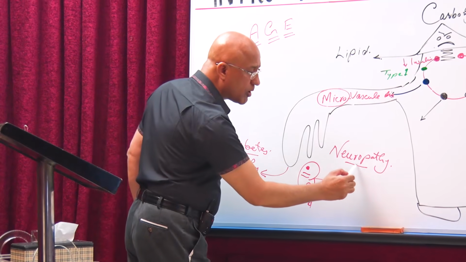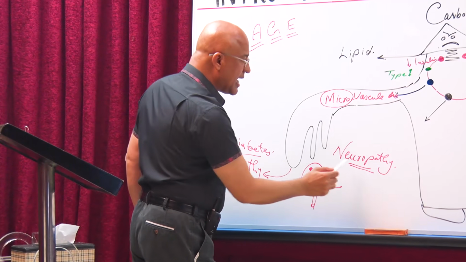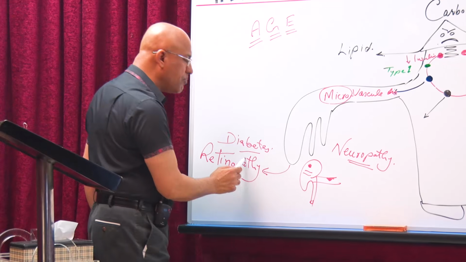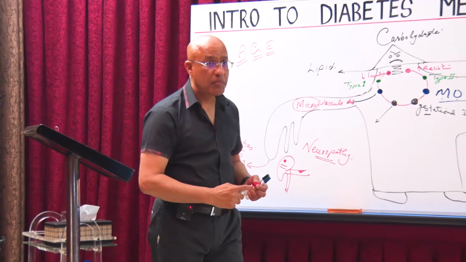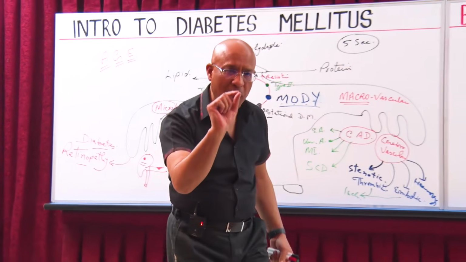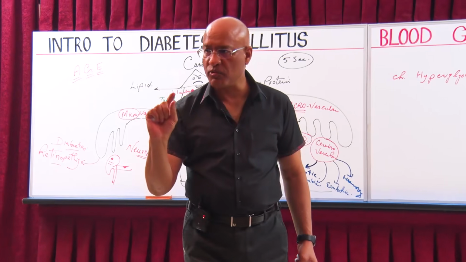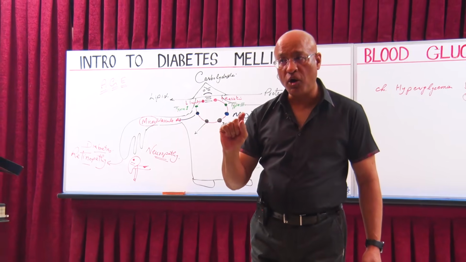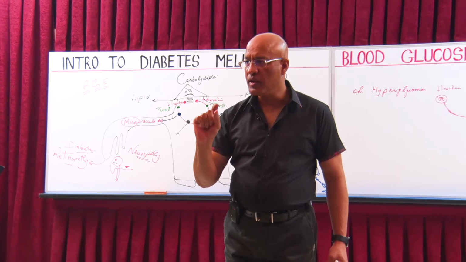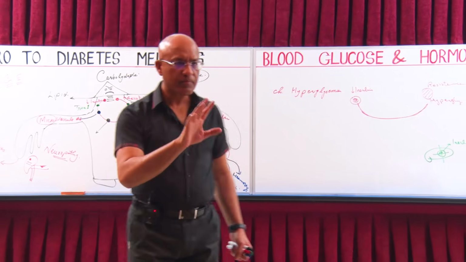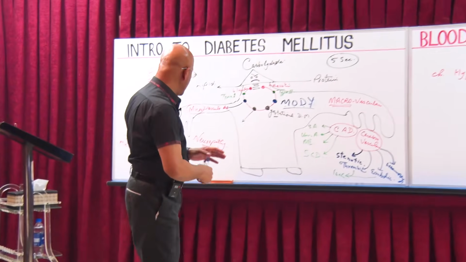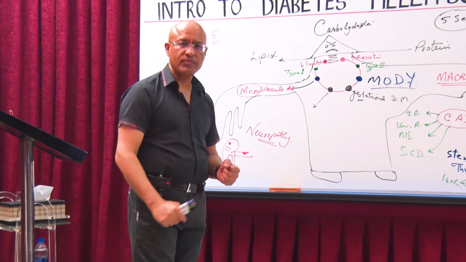We are going to talk about diabetic neuropathy, and all of them may involve what? Pathology in small vessel, microvascular diabetic disease, or we call it microangiopathy. Is that right? Now, let's talk about neuropathy.